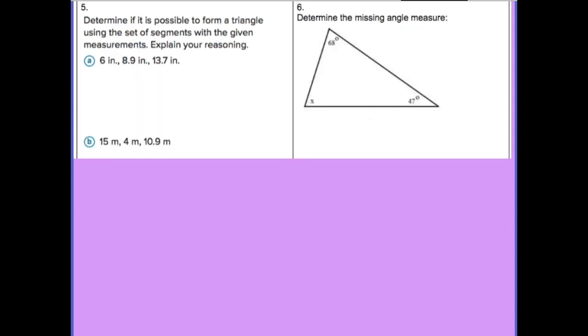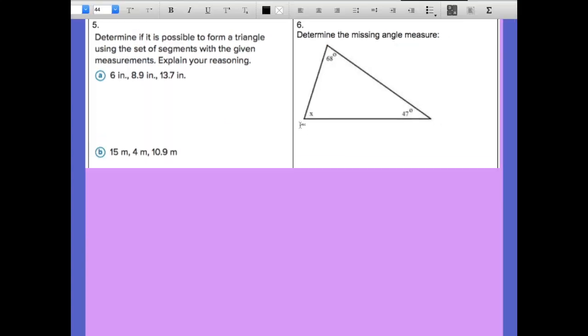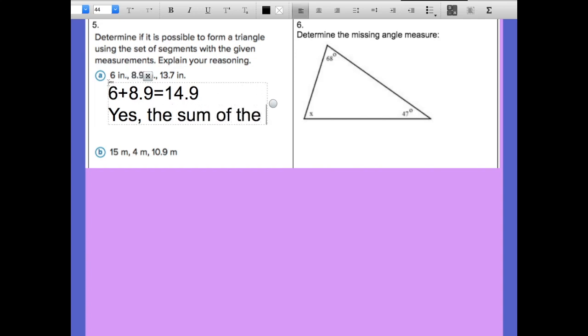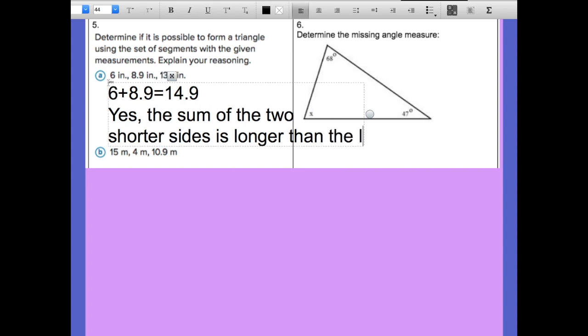All right, number 5 talks about the side lengths becoming a triangle. So remember, the two short sides should sum to be larger than the largest side. So 6 plus 8.9 is 14.9. So this one you say yes. The sum of the two shorter sides is longer than the longest.